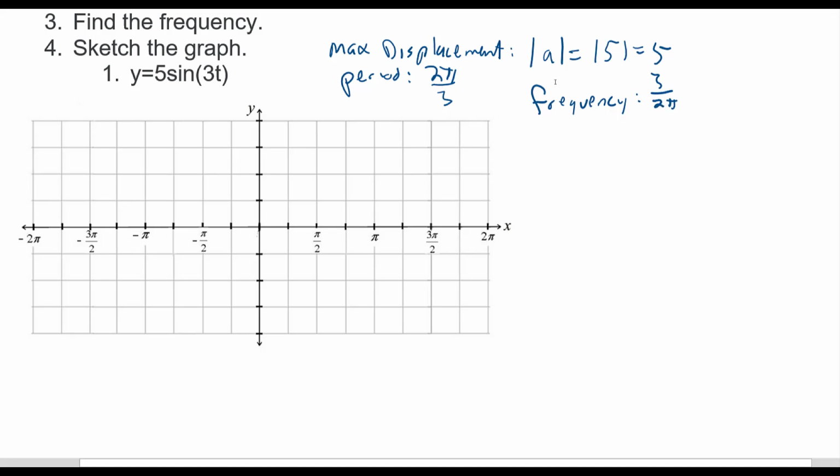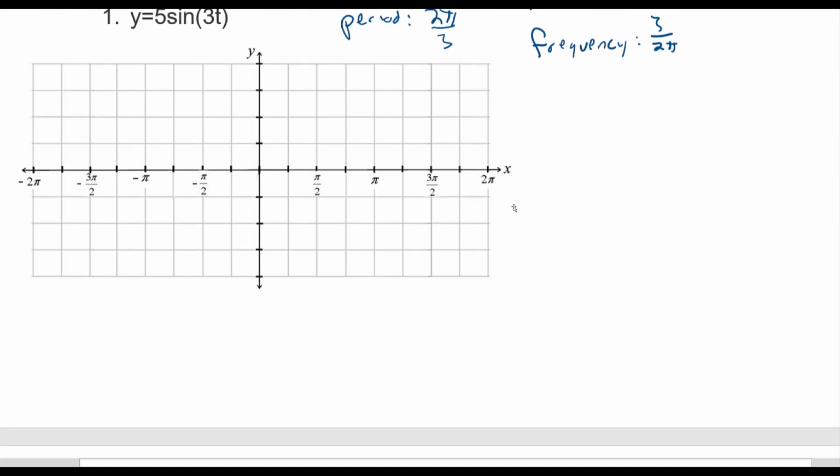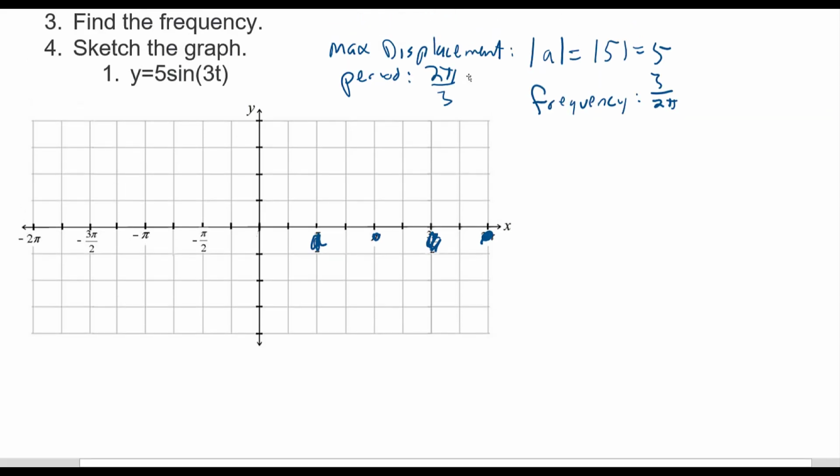Then if we're to graph it, I just wanted to do it with a generic graph, so I'm going to relabel this. I'm going to graph one period of this. Our period is 2 pi over 3. I'm going to count 1, 2, 3, 4.